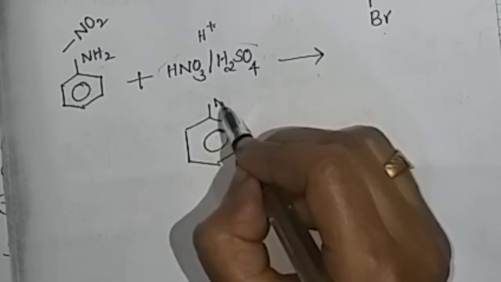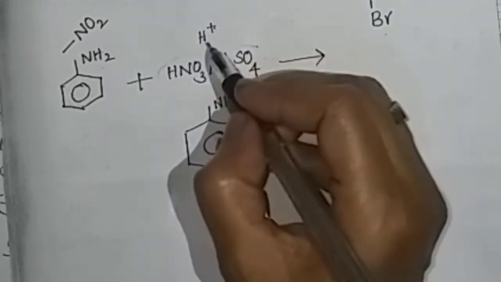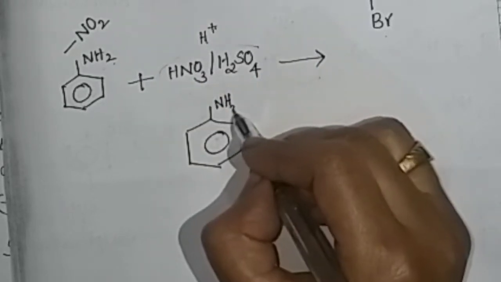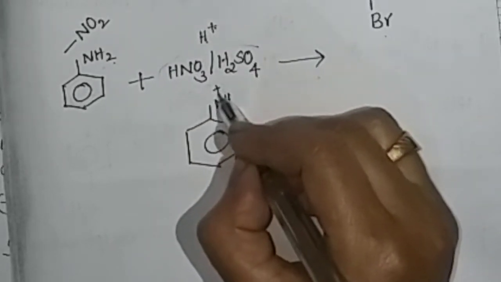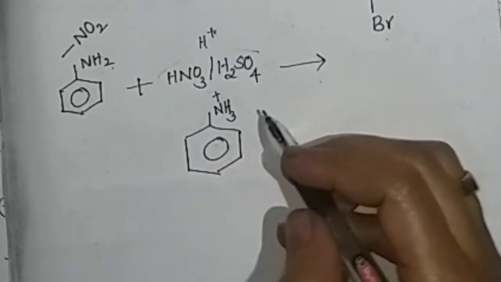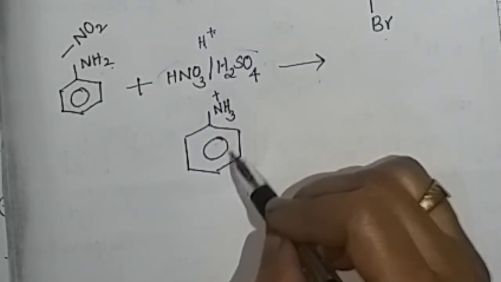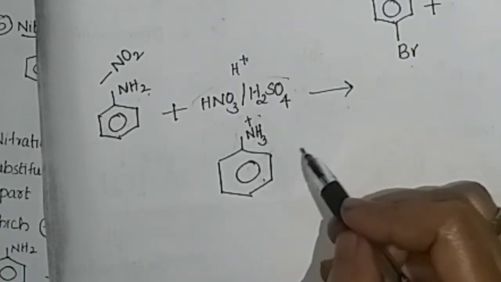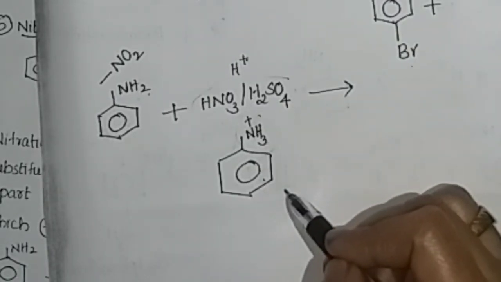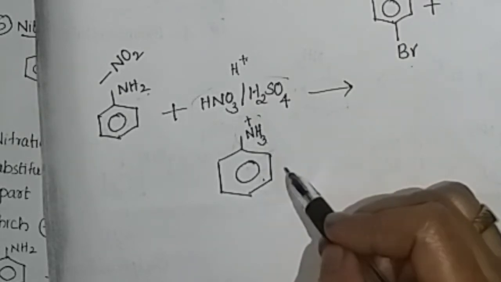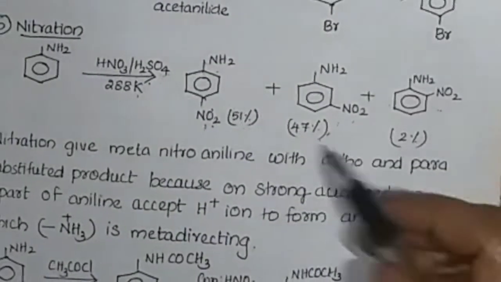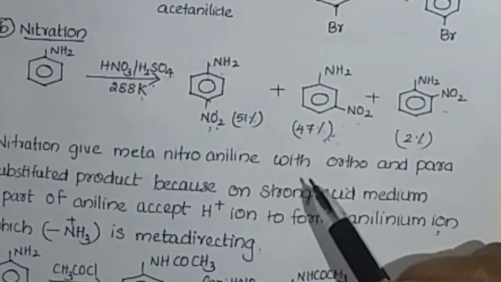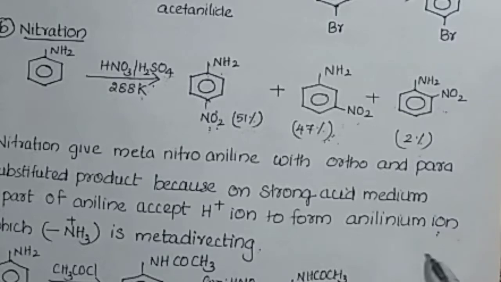Benzene ring NH2 accepts H plus, one H is added, it becomes NH3 plus, the anilinium ion. This NH3 plus group is a meta directing group, so the incoming group goes to the meta position. That is the reason we get 47% meta-nitroaniline.